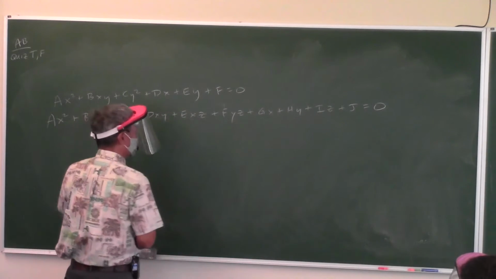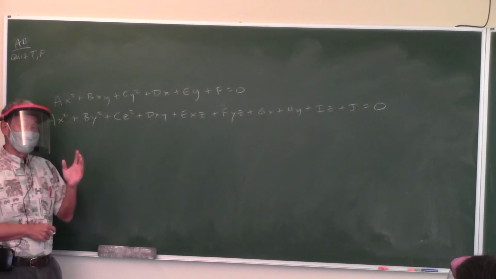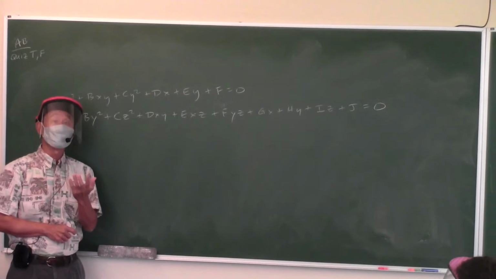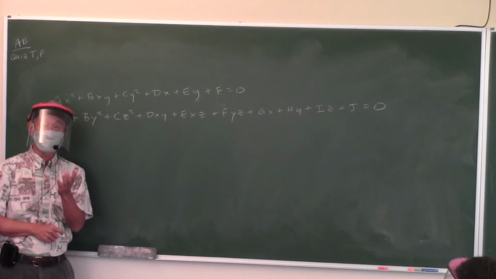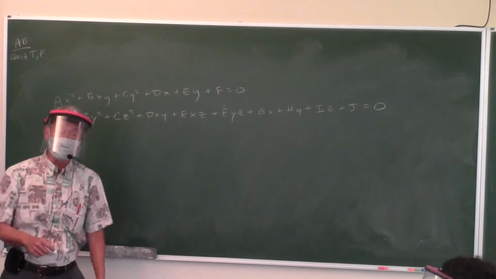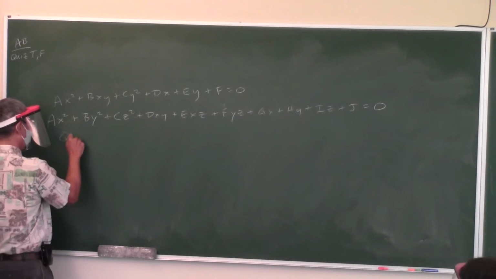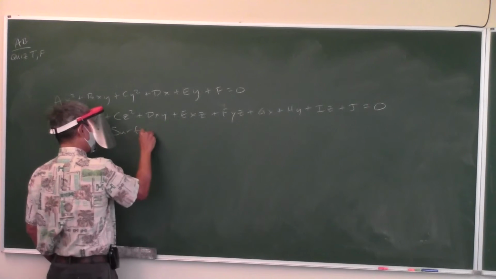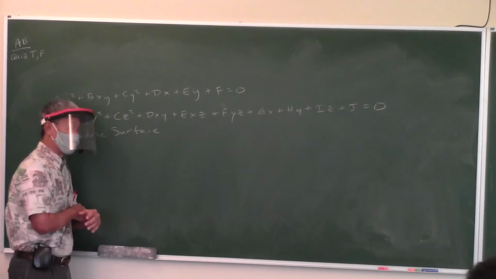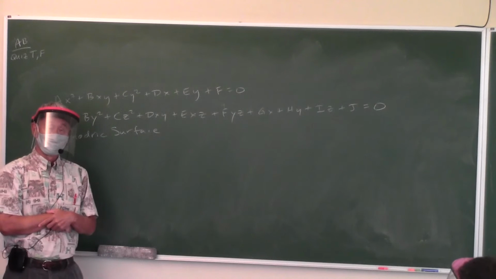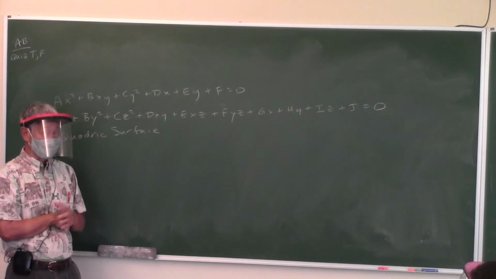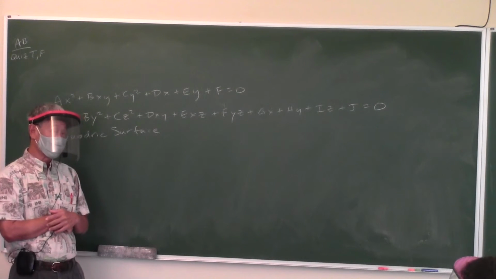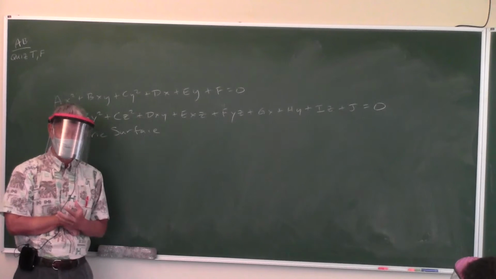Anyway, so any equation written in this form is a quadric surface. That's the title of this thing. So quadric surfaces could be paraboloids. We have different kinds of paraboloids too. We have an elliptic paraboloid, but there's a hyperbolic paraboloid.